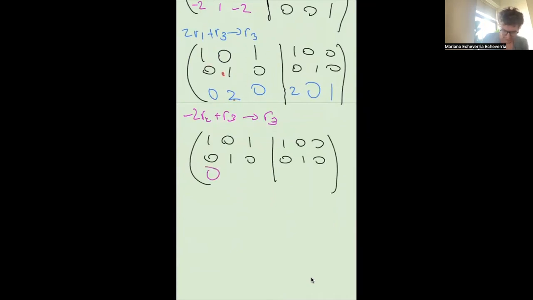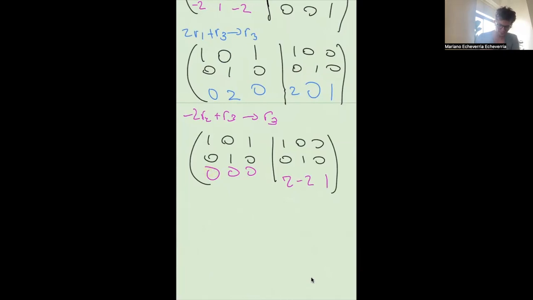Now this is -2 with 2, that's 0. 0 with 0 is 0. And then 0 with 2 is 2. -2 with 0 is -2, right? And 0 with 1 is 1. So this is what that gives, right? And what happened here? You get a row of zeros in the end, correct?